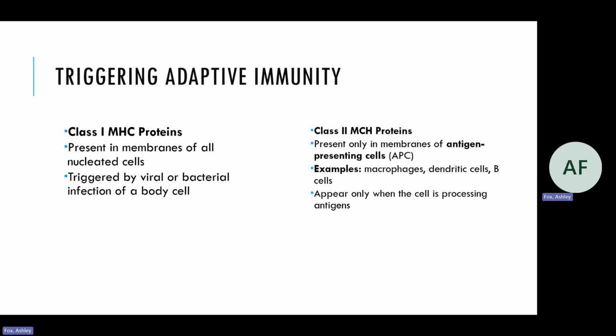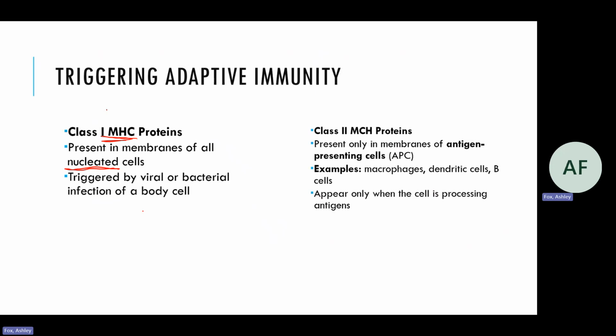So we have two types of MHC proteins. We have two types of those glycoproteins that can present antigens to your immune system. MHC class 1, so you can say class 1 MHC or MHC1, is going to be on all nucleated cells. And why do we say nucleated cells?